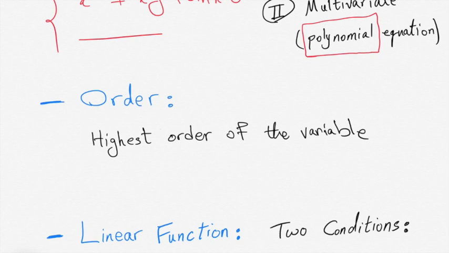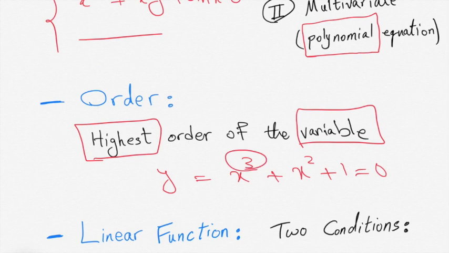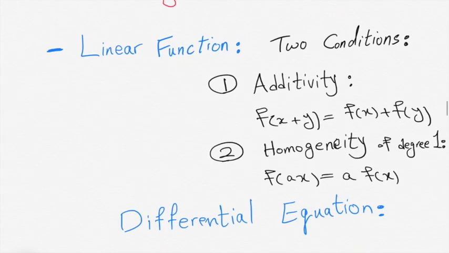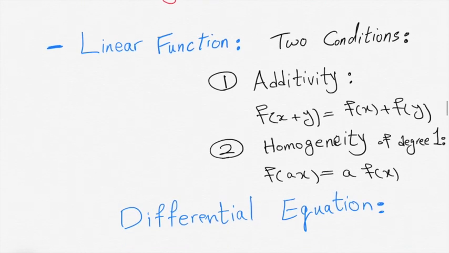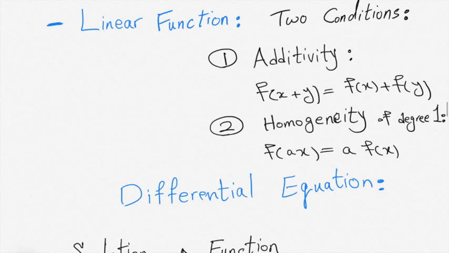The order in an algebraic equation is the highest order of the variable. It's very simple: if we have x^3 plus x^2 plus 1 equal to 0, then the order is 3. These are just to get a bit familiar with the terminology.